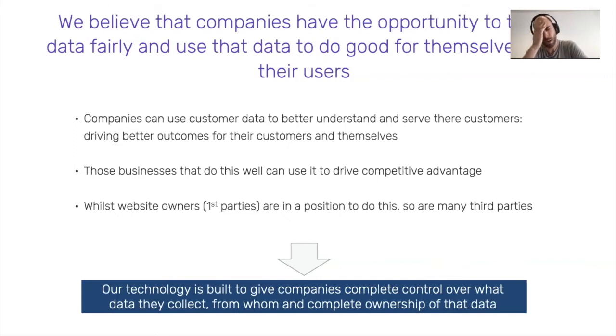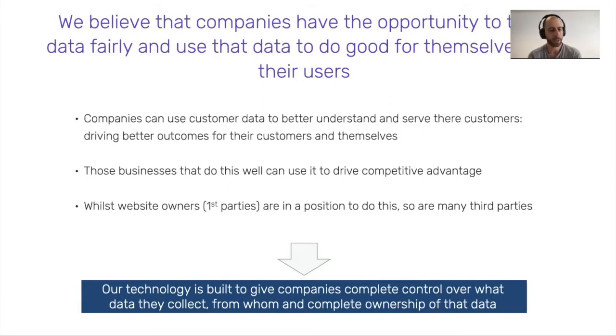One of the observations that I think is interesting, and I'll come back to later on in the presentation, is that whilst website owners are in a position to do fair and productive tracking, actually many third parties are also in a position to do fair and productive tracking.